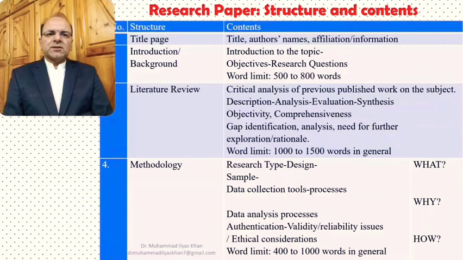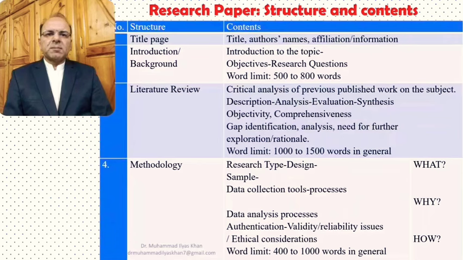So generally this is a very comprehensive part, a very important part that gives in-depth understanding related to the topic, to the background of the topic, to the various debates or arguments related to the topic. And because this is a bit extensive, generally it will vary between 1000 words to 1500 words.